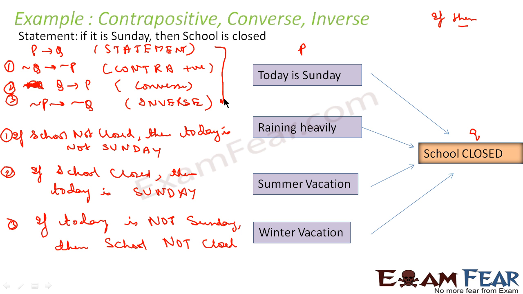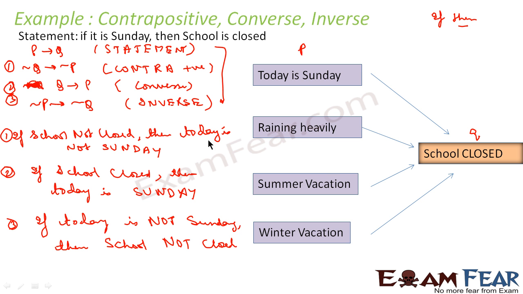Once we have these formulas, we identify P and Q and then we can form them. For example, P implies Q, and then we say not of Q implies not of P, Q implies P, not of P implies not of Q. All these are the statement, contrapositive, converse and inverse. The contrapositive format is not of Q implies not of P. We found not of Q is school not closed, and not of P is today is not Sunday.